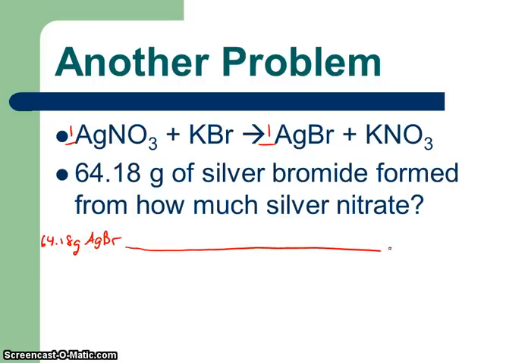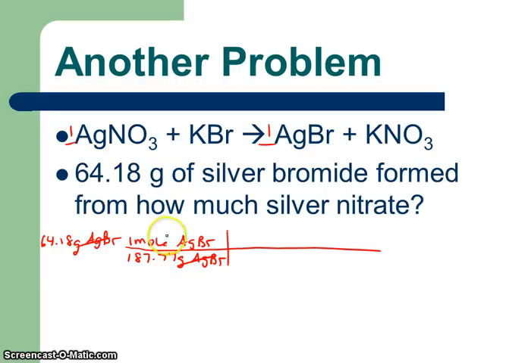And in our first step, we're going to convert grams to moles. So we look up the molar mass for silver bromide, 187.77 grams of silver bromide for every 1 mole of silver bromide. Grams of silver bromide cancels out.